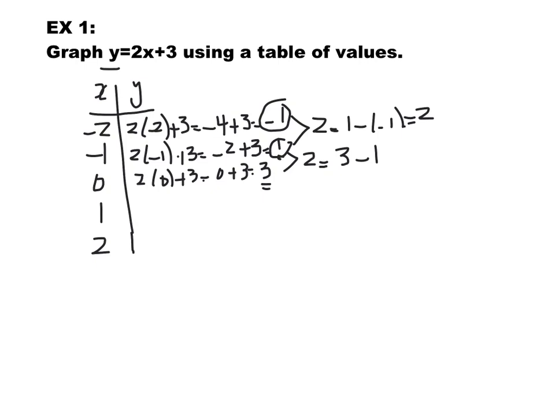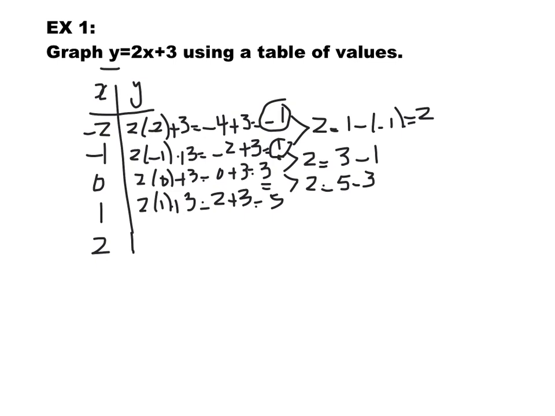The next one, I can either evaluate it again. When x is 1, I get y is 2 times 1 plus 3, which is 2, plus 3, which is 5. Again, the increment here, if you look, 3 to 5 is 2, which is the same as 5 minus 3.